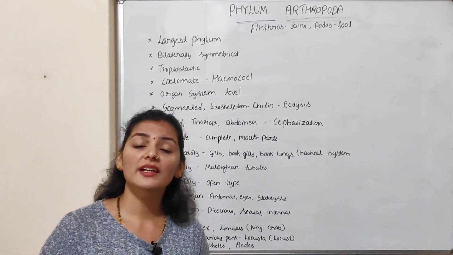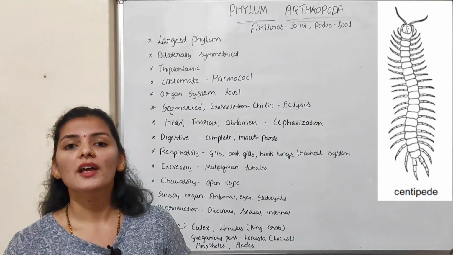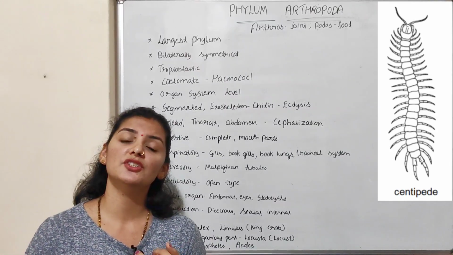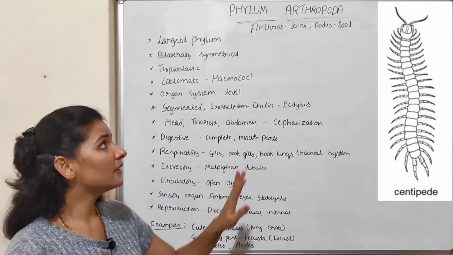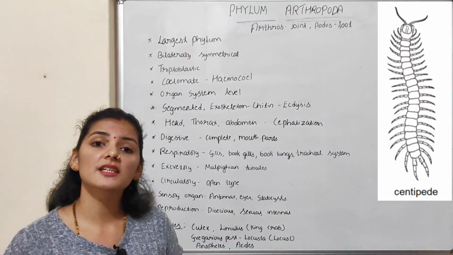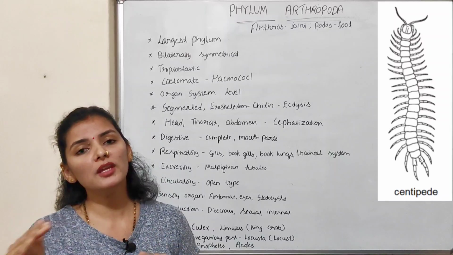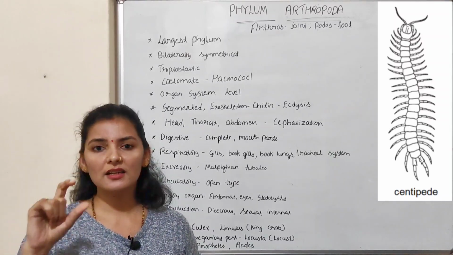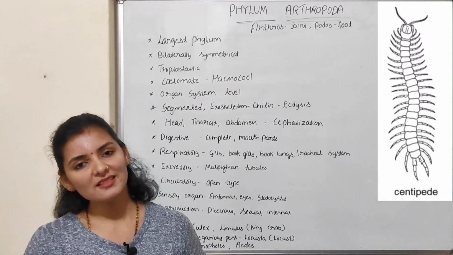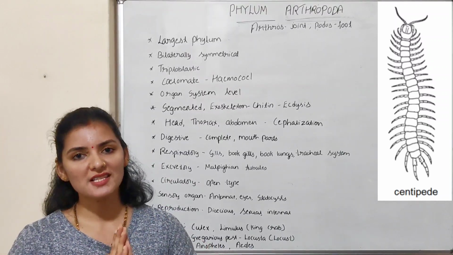Similar to annelids, arthropods also have segments or metamers, or they show segmentation or metamerism. But in arthropods, segments or metamers can be seen only externally, or from the outside you can see the clear segments. But internally, inside the body, the segmentation is absent.